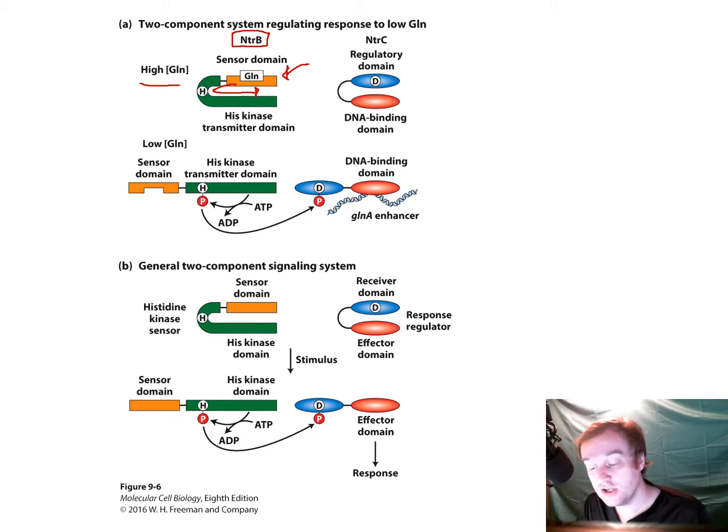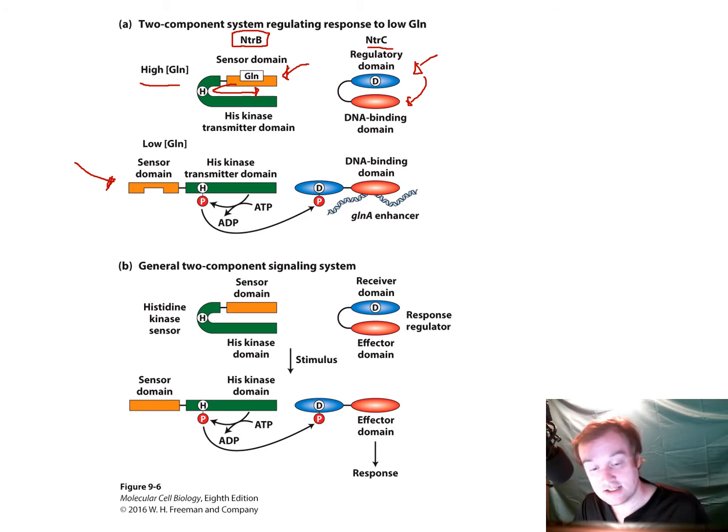We also have this NTRC, which has a regulatory domain and a DNA binding domain. In its high glutamine state, they are also in a horseshoe state where they're bound together and inactive. When glutamine is low, the glutamine is either not present or released from the sensory domain, which allows it to change its conformation, and in this example form a more linear protein complex.